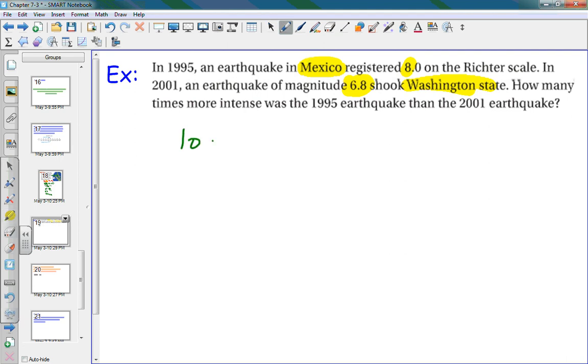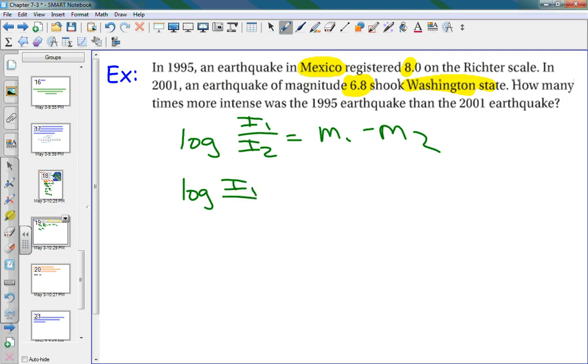So I'm going to have log base 10, because it's understood to be there, of M1 minus M2. So log I1 over I2 is equal to, what's my first one? 8 minus 6.8. If I have $8 and I pay somebody $6.80, how much money do I have left? 1.20.